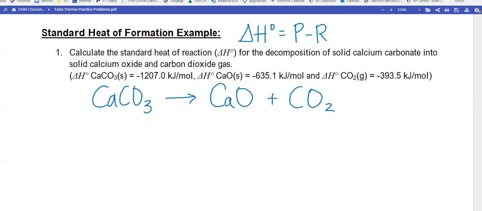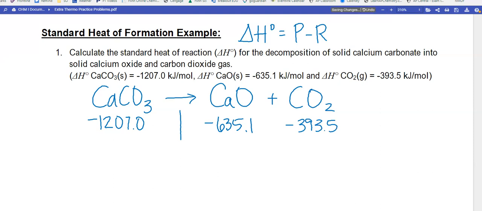Okay. So the next thing we need to do is we need to find totals for products and totals for reactants. So what I like to do is I like to write the number underneath the chemical that it belongs to, so I don't get confused later. Okay, and then since each of them have a 1, we don't have to really multiply by anything, which is nice.